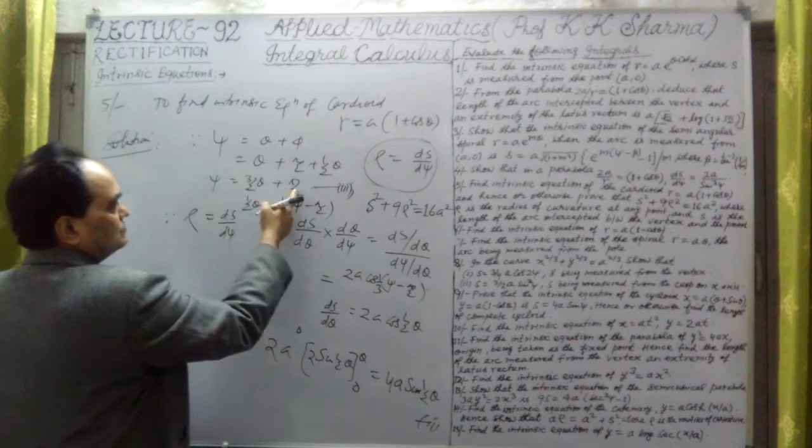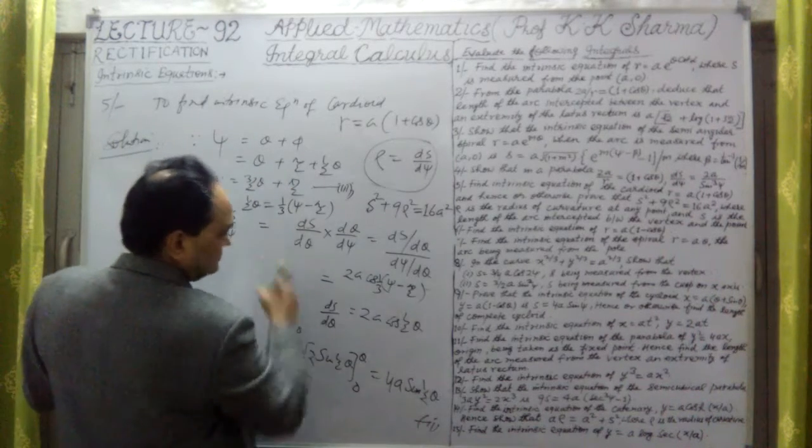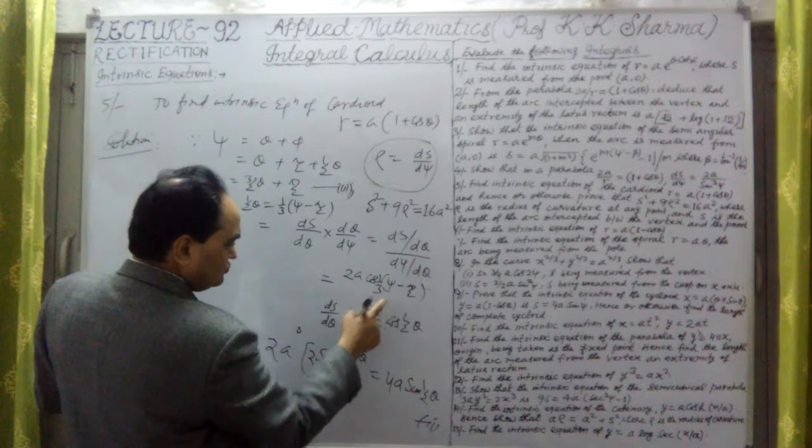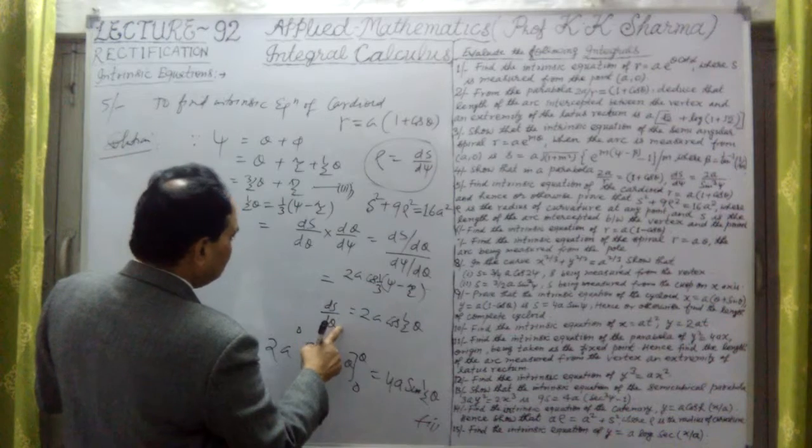So in place of half theta, this 2a cos of half theta, which was the value of ds upon d theta, we have to substitute.